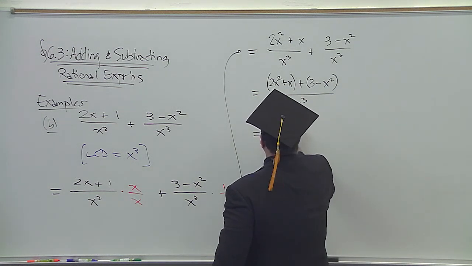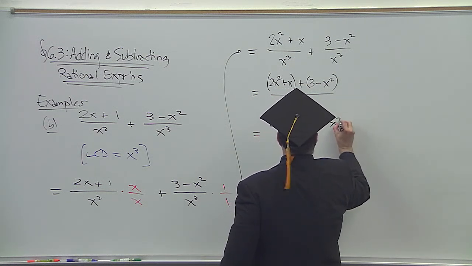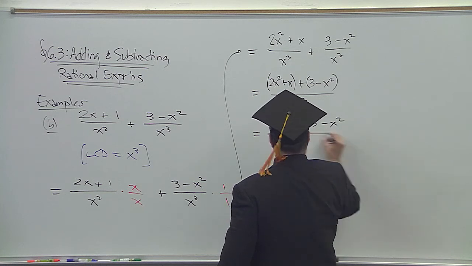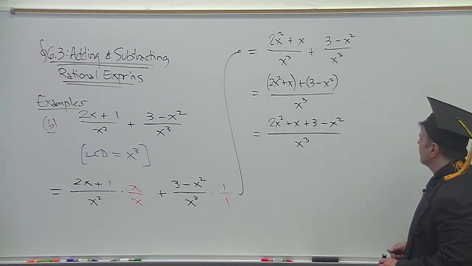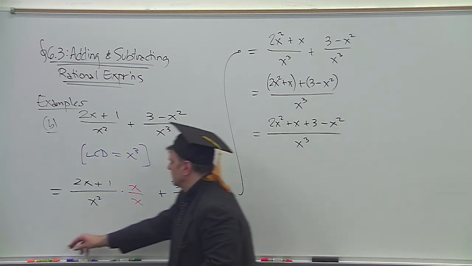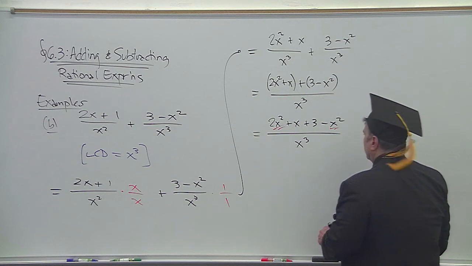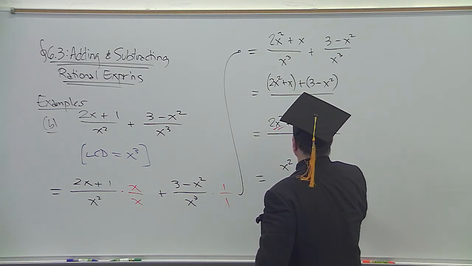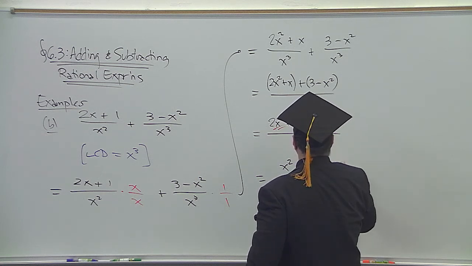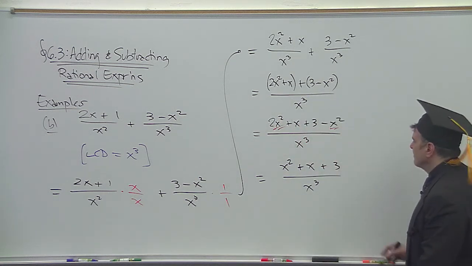Since we don't need them, I will simply rewrite the fraction without them: 2x squared plus x plus 3 minus x squared over x cubed. We see now that we have like terms to combine in the numerator, the 2x squared minus the x squared, and that will yield x squared plus x plus 3 over x cubed, and that's the sum.